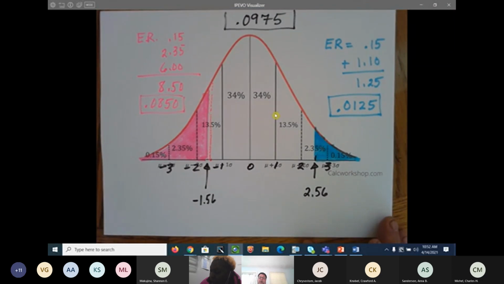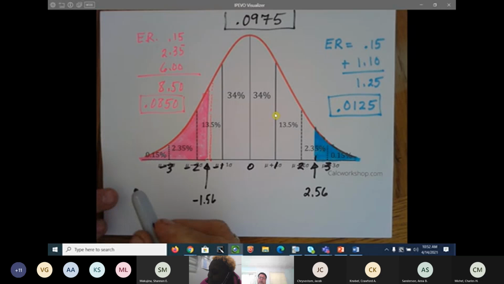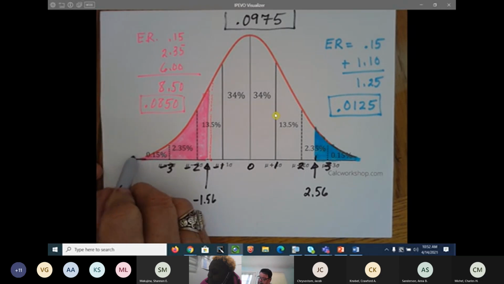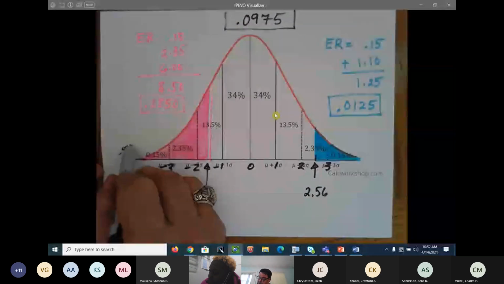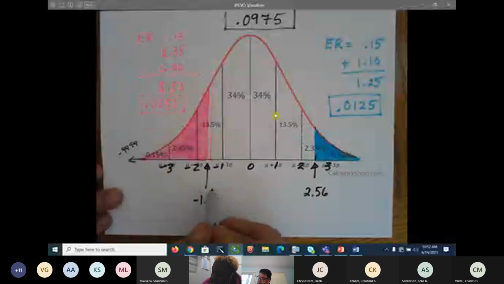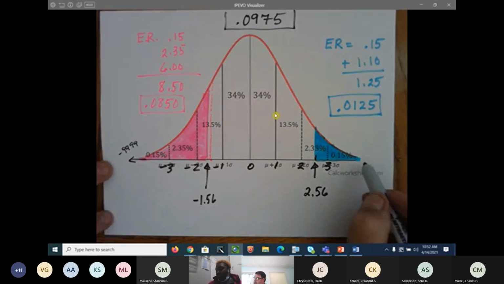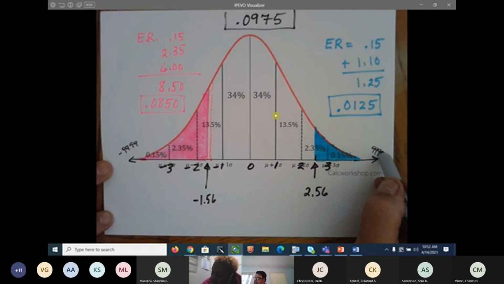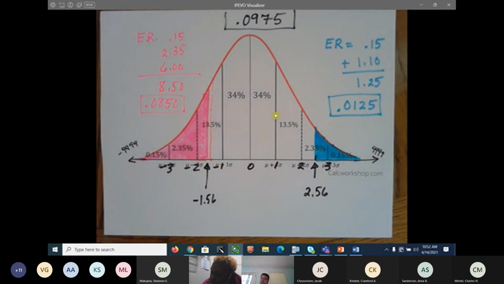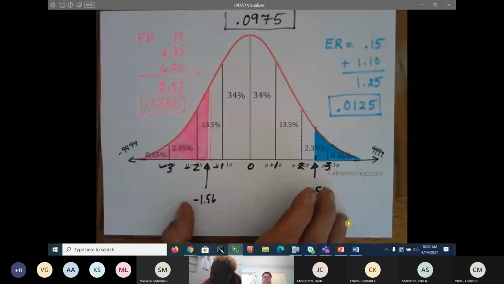So now we're going to do it on the calculator, negative 9999 to 1.56. And then we're going to do the blue area, which is 2.56 to 9999. So y'all be doing that in your calculator, and I'm going to do it in my calculator. I'm going to give everybody another 30 seconds to write this down.